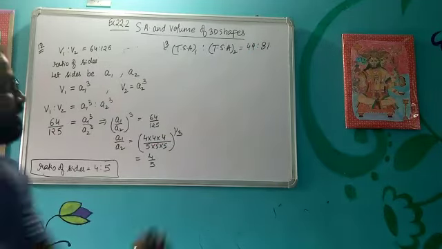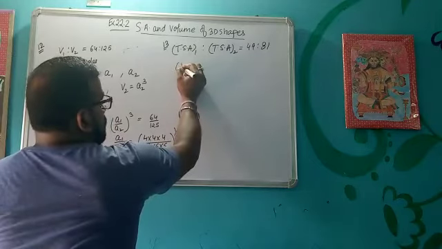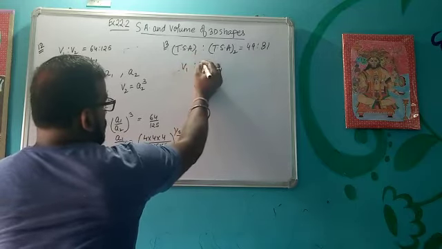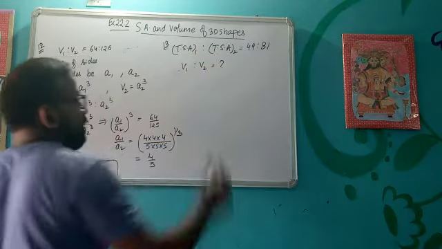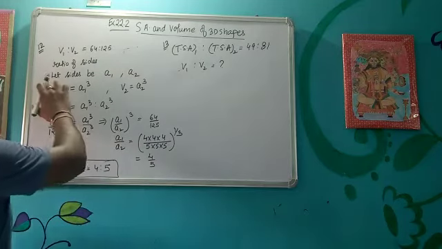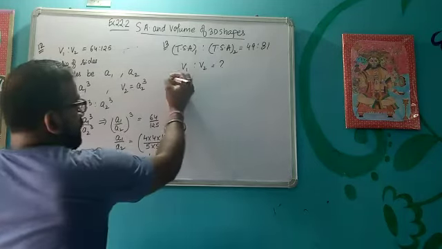Then we have to find the ratio of their volumes. That is, we have to find V1:V2. Okay. So we will proceed like this. We have proceeded like this in the start of the previous question.